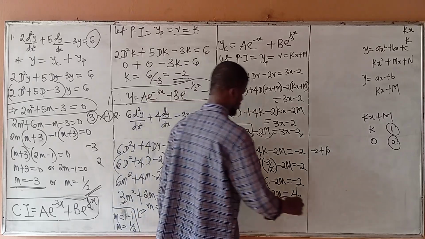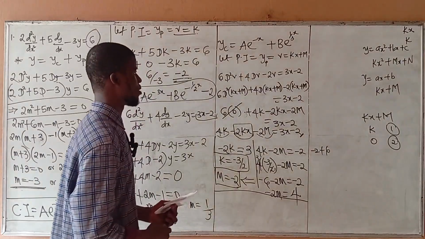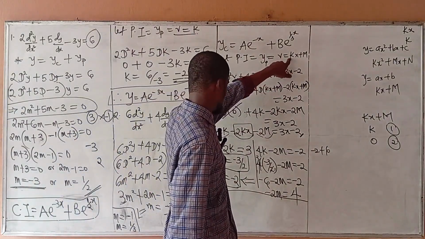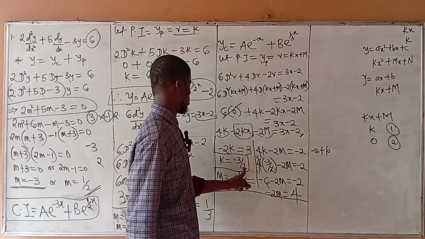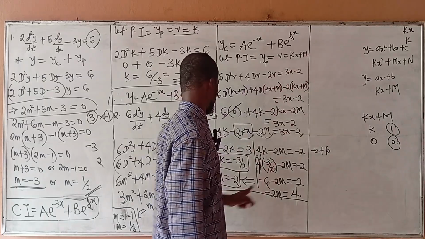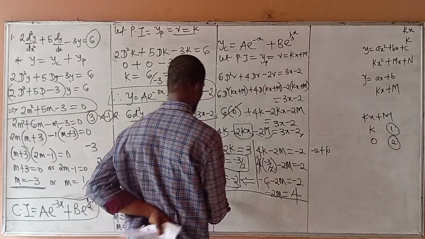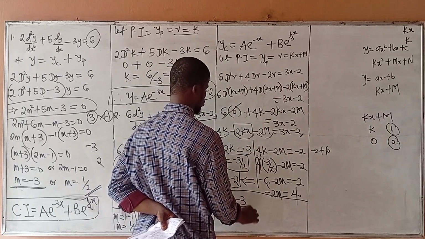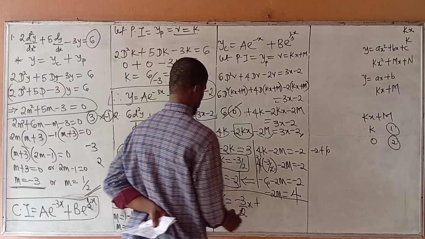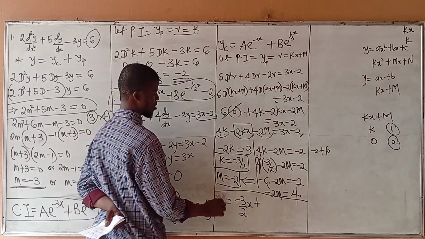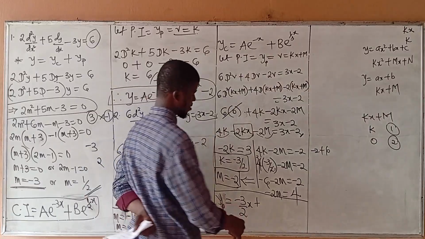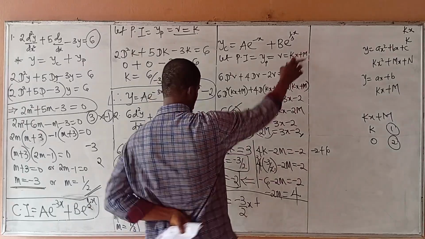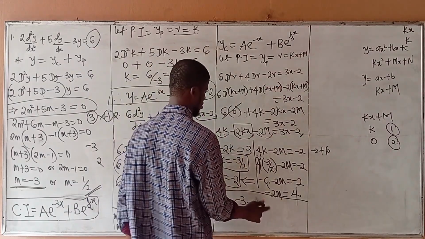What then is the particular integral? The particular integral will now be: replace k with minus 3 over 2, replace n with minus 2. So the particular integral v will be minus 3 over 2x. Okay, I want to use y_p. They are the same thing. Minus 3 over 2x plus n, and n is minus 2. So let me just say minus 2.